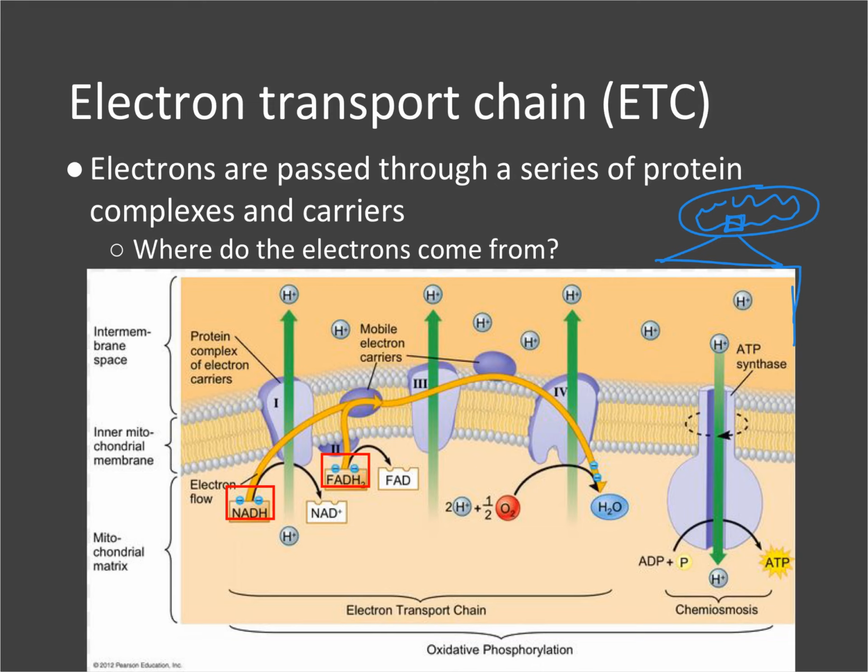So kind of zooming in, we can see that this area here is the matrix. So this is that gooey filled center of the mitochondrion. This area out here is the inner membrane space.